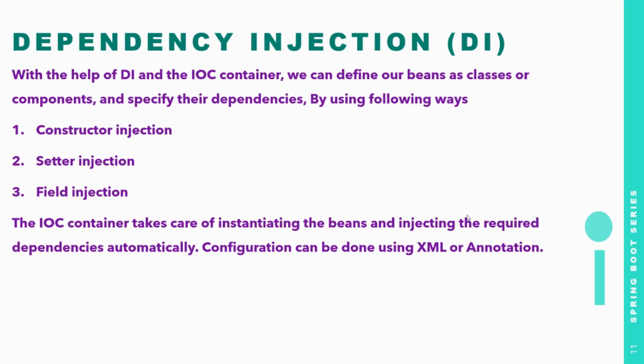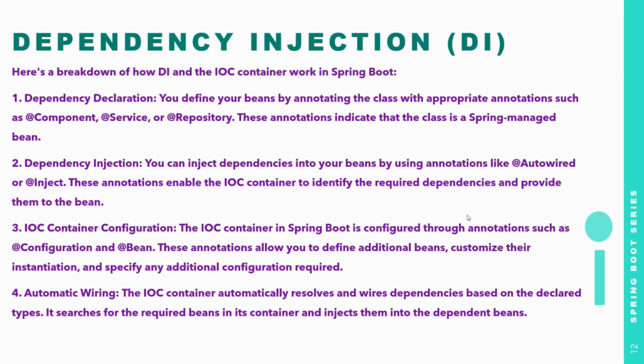Now let us understand how DI and IOC work in Spring Boot. Here's a breakdown of how it works. First, we declare our dependencies. You define your beans by annotating the class with appropriate annotations such as @Component, @Service, or @Repository.